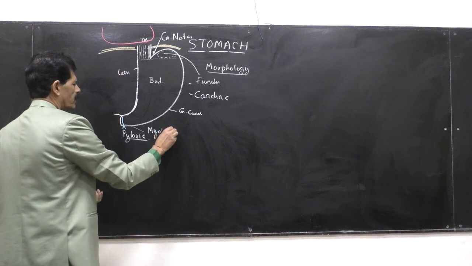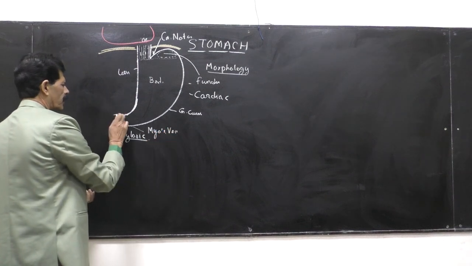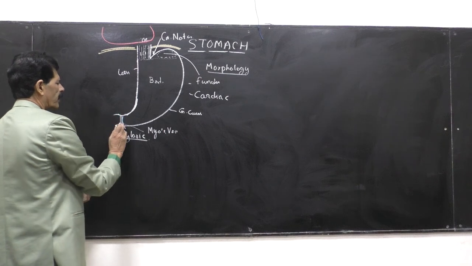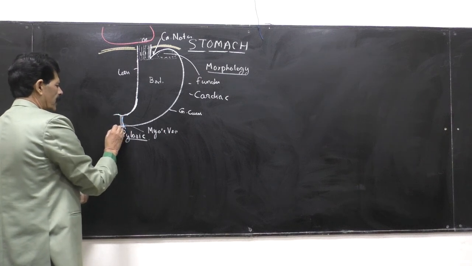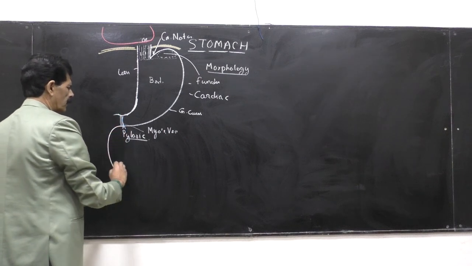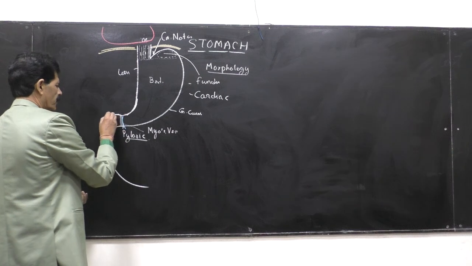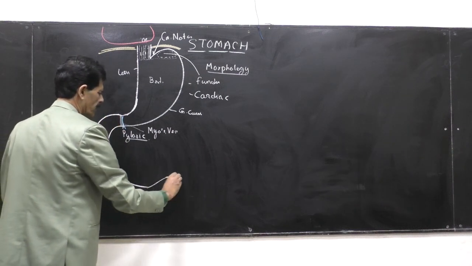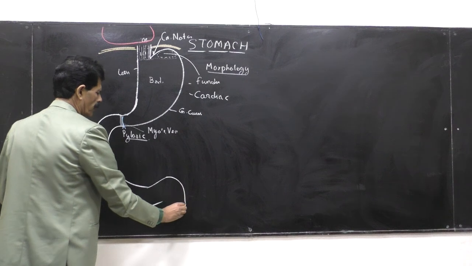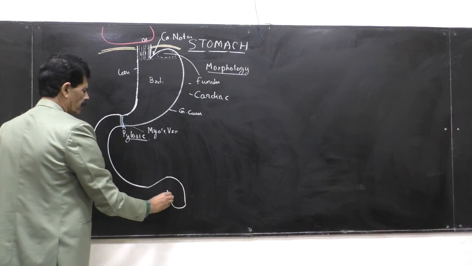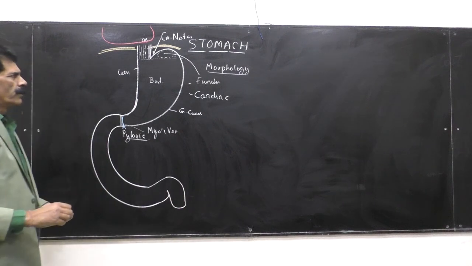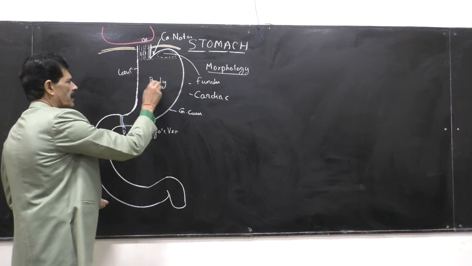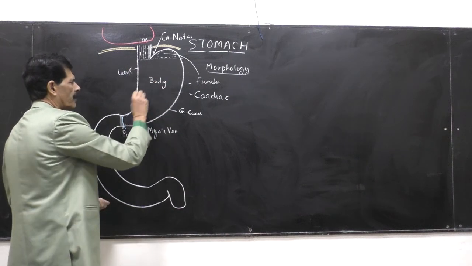Mayo's vein is the indication that under it lies the pyloric end, the pylorus sphincter of the stomach. Then this pylorus leads to the C-shaped duodenum, the part of the small intestine next to the stomach. So these are the parts of the stomach: lesser curvature, greater curvature, cardiac end, pyloric end, and the body of the stomach.